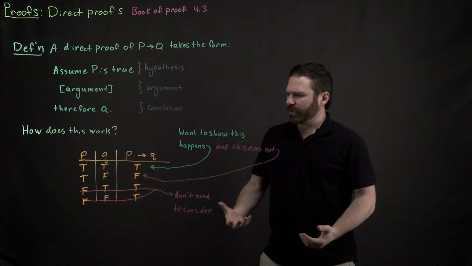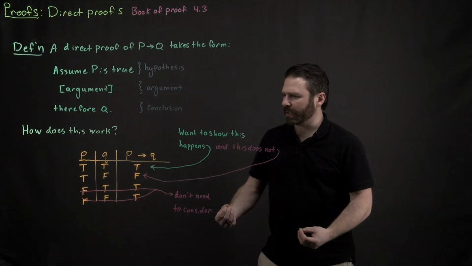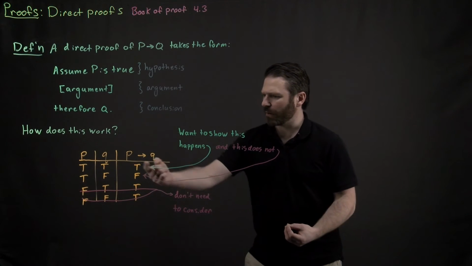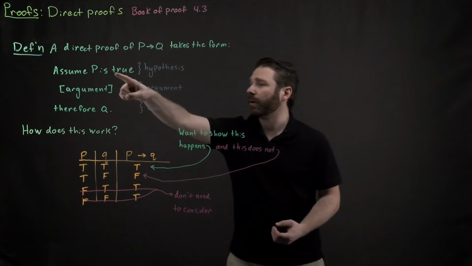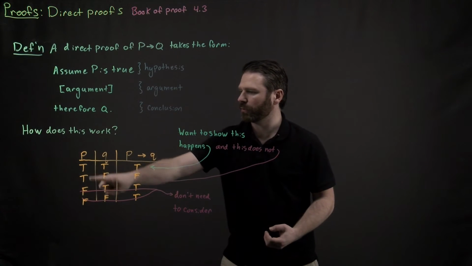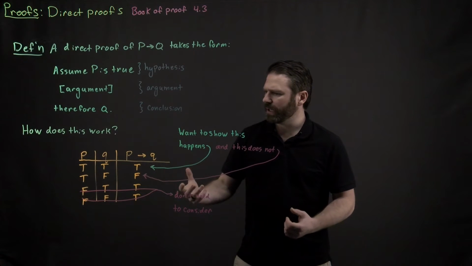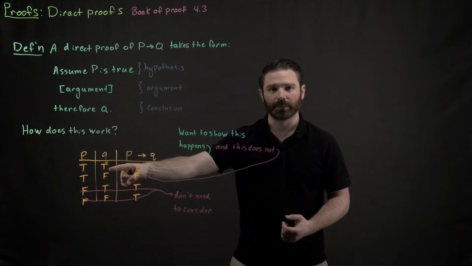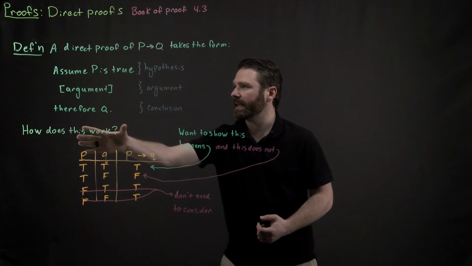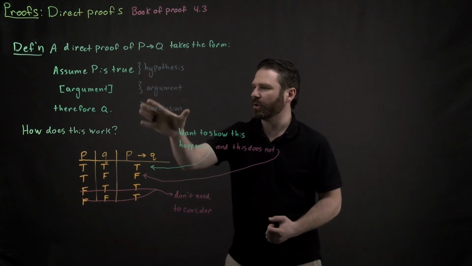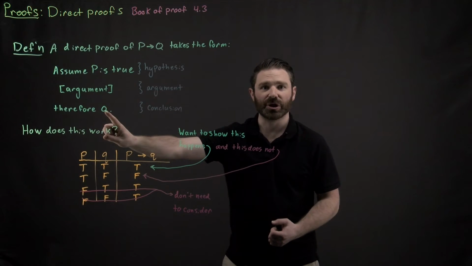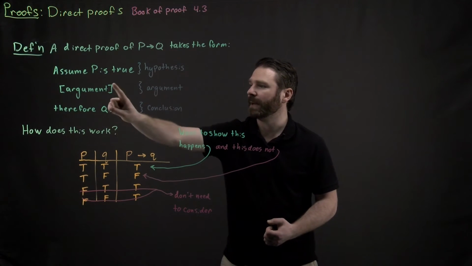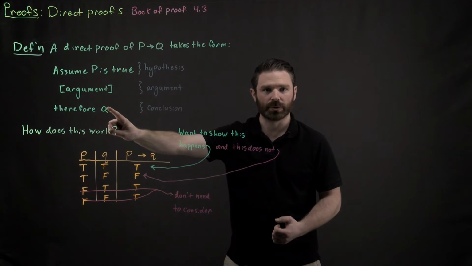So how are we going to do that? Well, you have to make some sort of argument that shows us that we're in this first row right here. Well, we've already assumed that P is true, so we know that we're in one of these two cases. So all that we need to do to show that we're in the first row is show that Q is true. So that's why in this direct proof, the conclusion right here is trying to show that Q is true. You make an argument to show that Q is true.